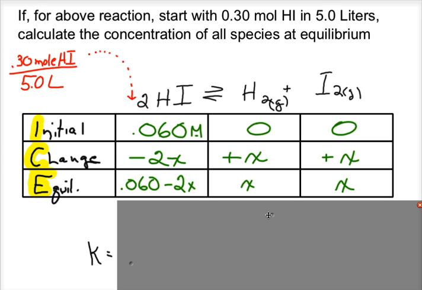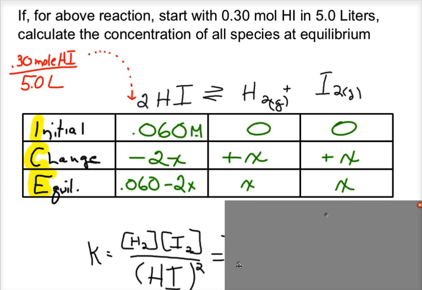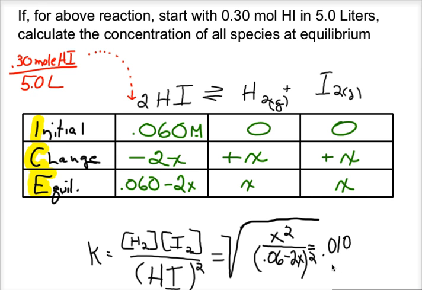Once we have this, since this is called an equilibrium constant, which has a value of 0.01, we put products over reactants. So we can substitute into this equation X times X over 0.060 minus 2X, squared. And that equals the value of K, which was 0.01, if I'm remembering correctly. Well, if you look at it, you've got a perfect square, don't you? And if you're going to square one side, you might as well square both sides.